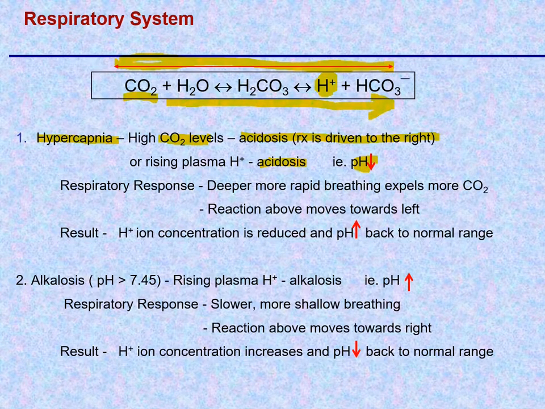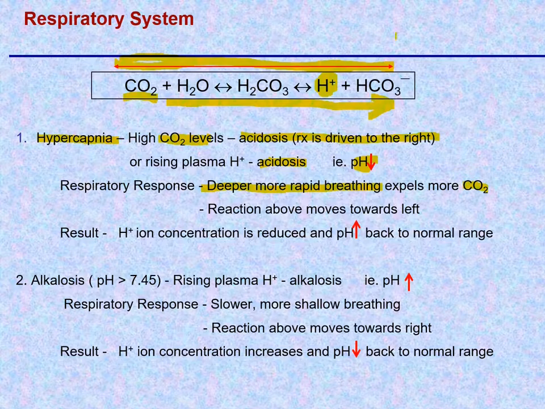Now, the response to hypercapnia, or unusually high levels of CO2, is deeper, more rapid breathing. People will do this unconsciously. They will not be aware of it, but their brainstem will respond and trigger them to dump more CO2.